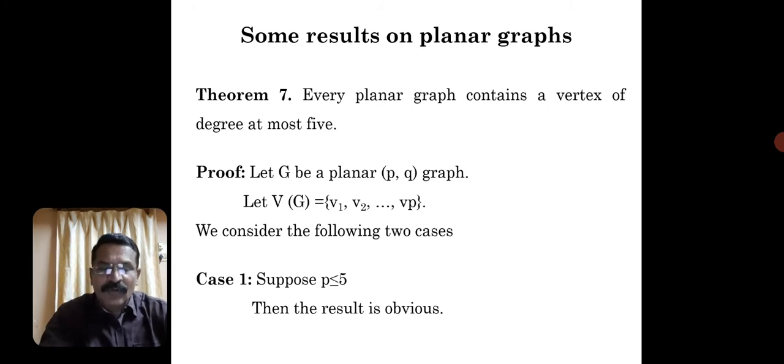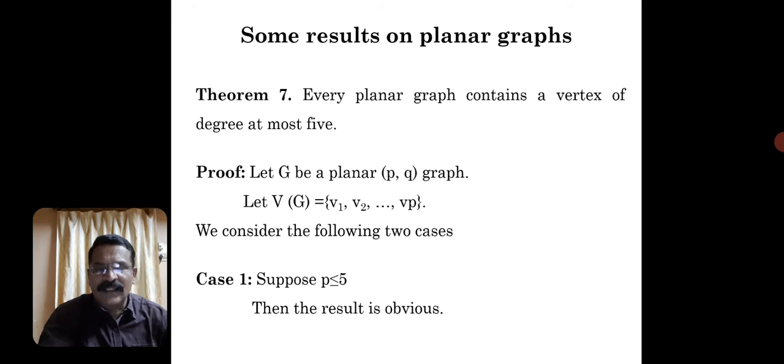If P is less than or equal to 5, the largest planar graph is K5 minus E. Already in the previous class we have discussed: if we consider a complete graph with 5 vertices and delete one edge from that graph, K5 minus E is a planar graph, and if you observe the degree of every vertex, it is at most 5, because in the complete graph every vertex has degree 4. It implies the result obviously holds. Definitely there will be one vertex of degree at most 5, because every vertex is of degree 4 only. So it is very obvious if you consider a graph with P less than or equal to 5 vertices.